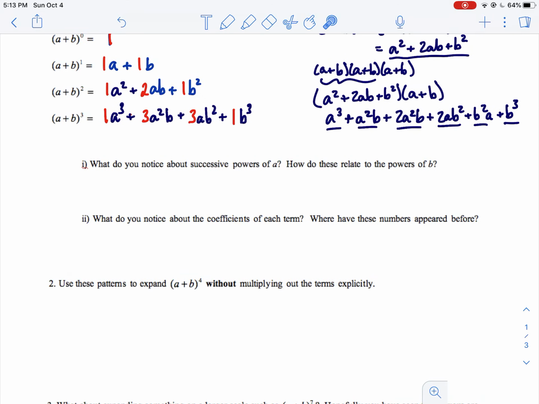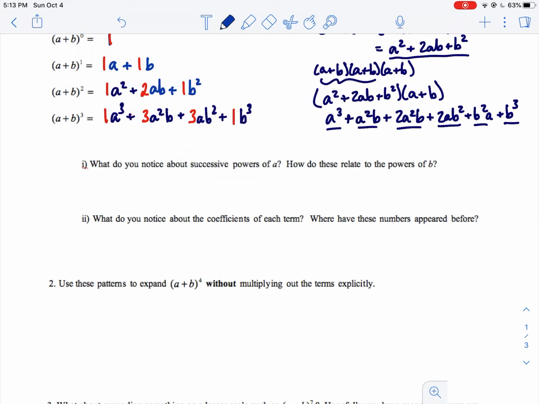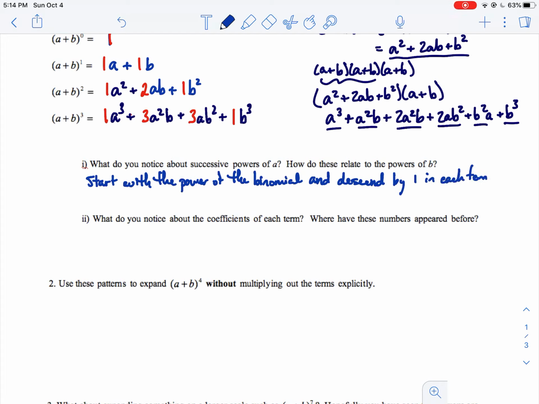Meanwhile, take a look at the b's. Just looking at the cubic, there is no b. In comes b to the first, then b is squared, then b is cubed. So what do we notice about the successive powers of a? They start with the power of the binomial and descend by 1 in each term.